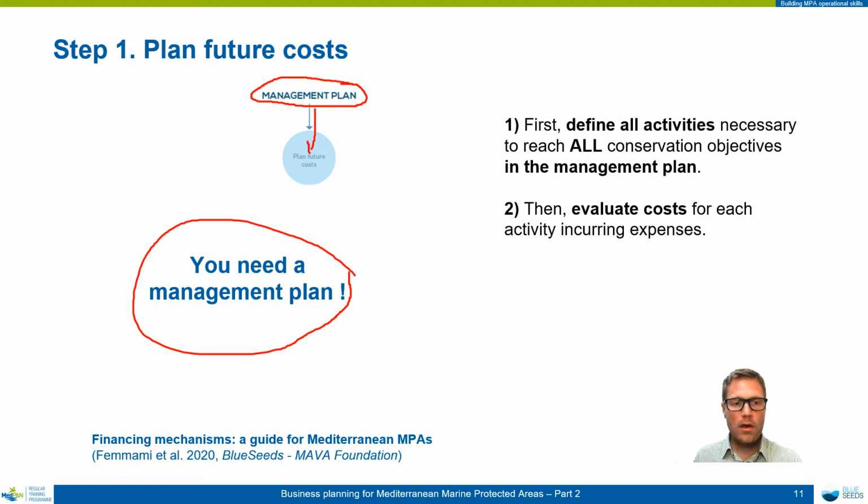So before you can plan future costs using this management plan, you need to define all the activities that are necessary to reach the conservation objectives which are found in that plan. And then for each of those activities, you need to evaluate their costs to be able to evaluate all the costs which are needed to reach your conservation objectives.